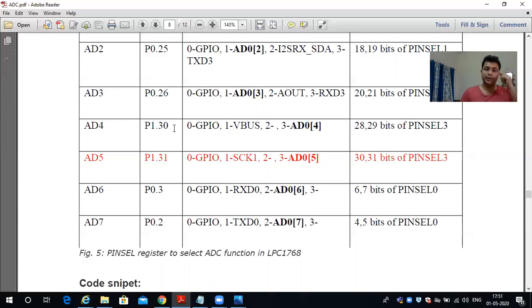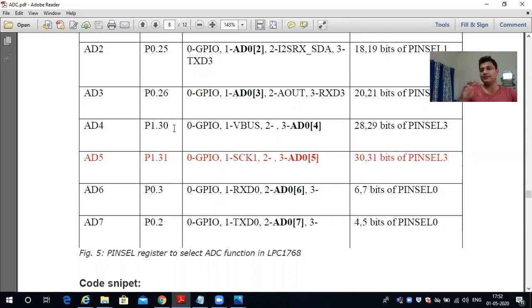Suppose AD01 to AD07, that means seven input signals, are there. In round robin way, they will be converted using the ADC module, and their approximate converted value will find its position in one register, the successive approximation register.